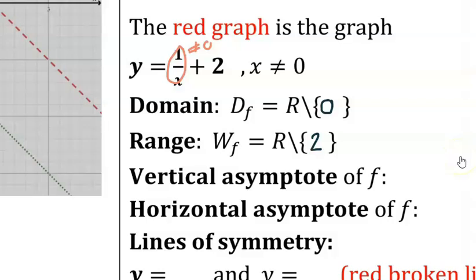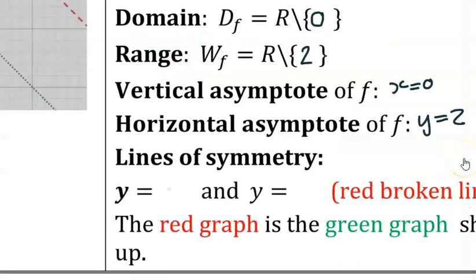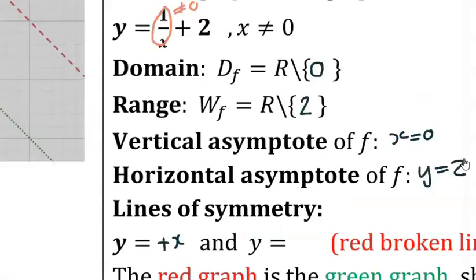So in this case, my vertical asymptote is x equal to 0 and my horizontal asymptote is y equal to 2. My lines of symmetry, y equal to plus x and minus x, but because of the q there, I must add the plus 2.